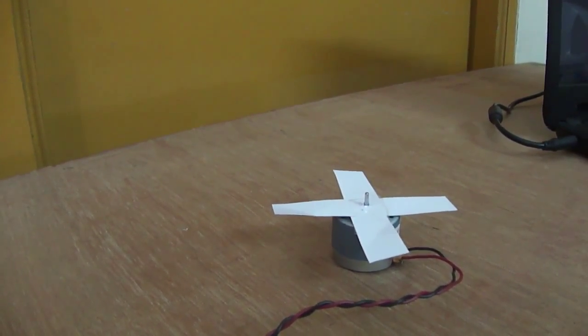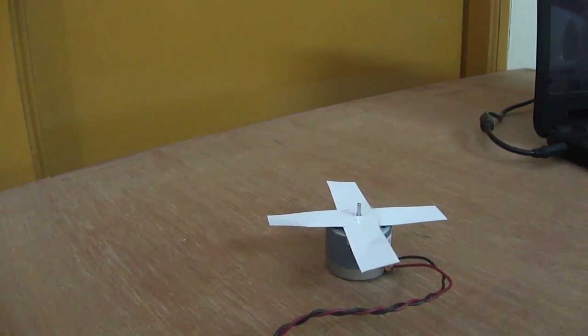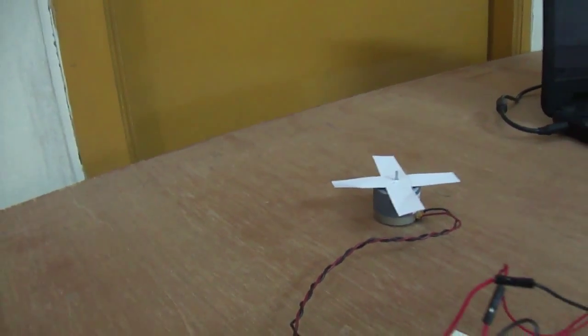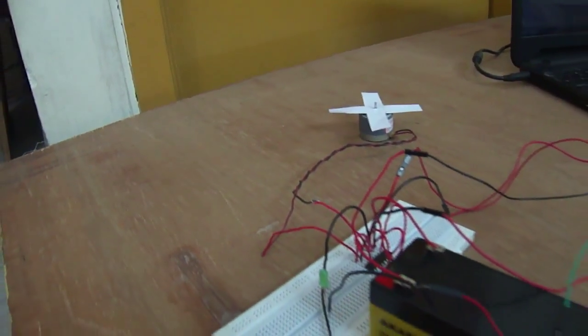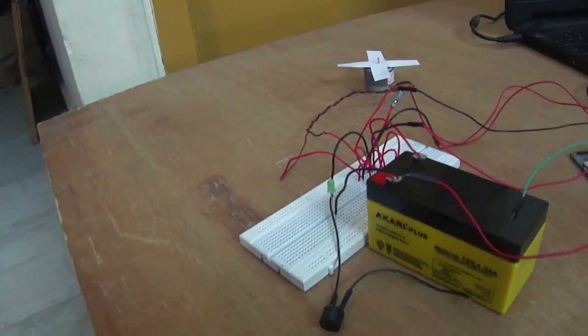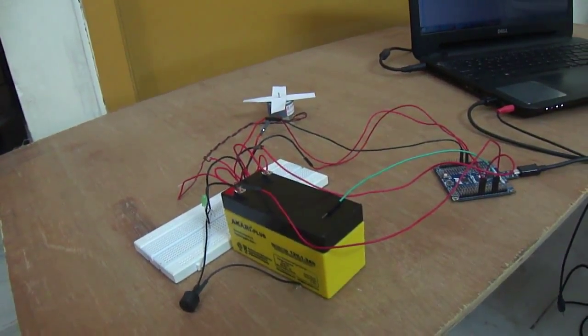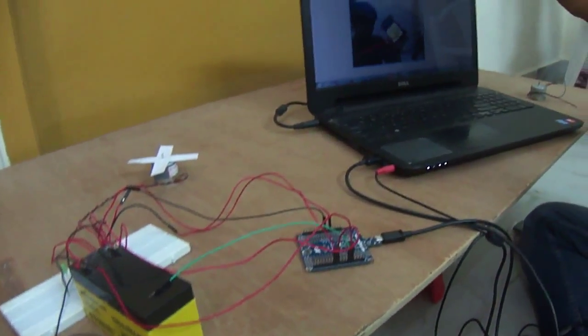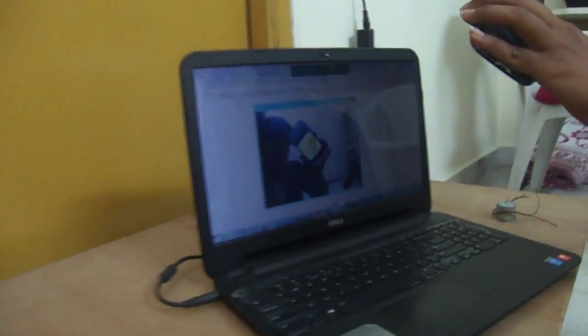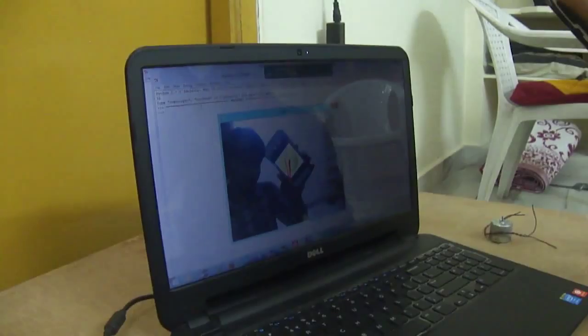Again, coming back to the code of ball gestures, the tracking of the ball is done.